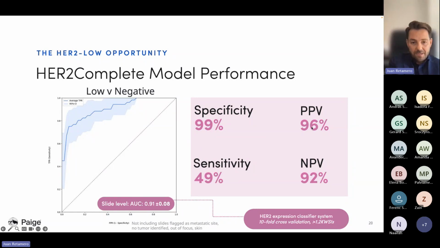What that means is that if the algorithm tells me that this patient is negative for HER2, the negative predictive value, in other words the chance that the negative result comes from a negative patient, would be 92%. The flip side is that a positive result means that patient has a 96% chance of presenting mRNA levels beyond the cutoff point that we mentioned earlier.